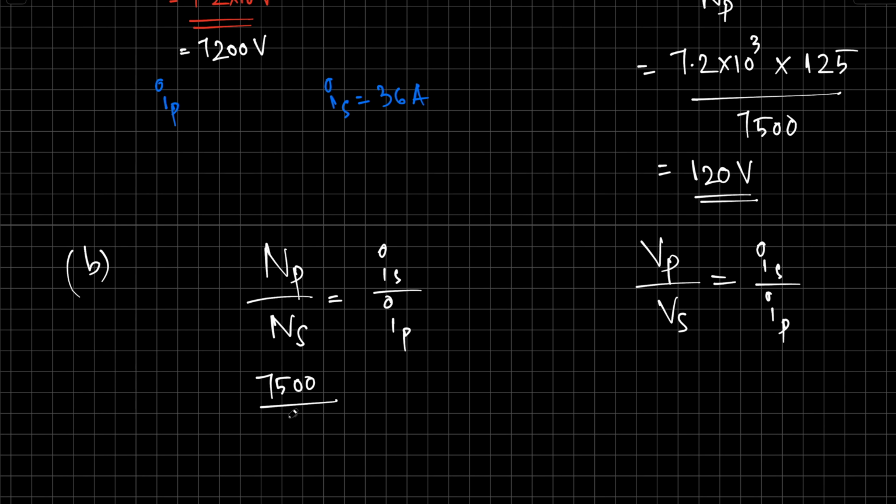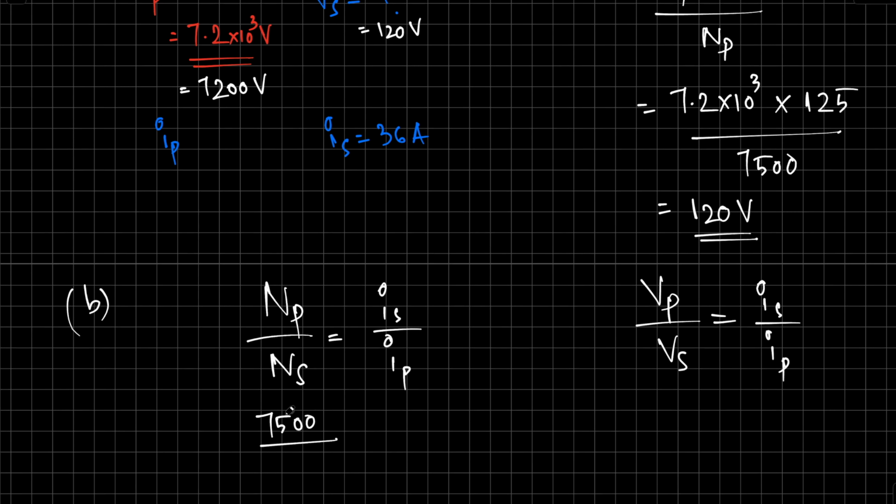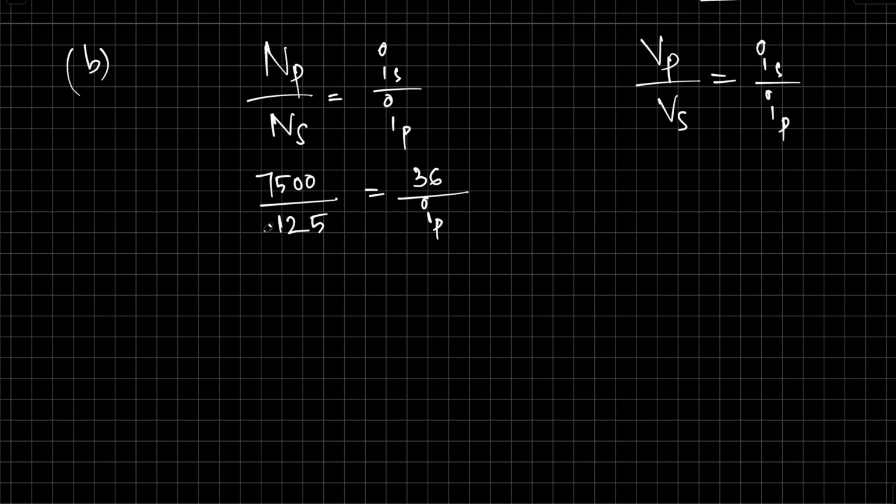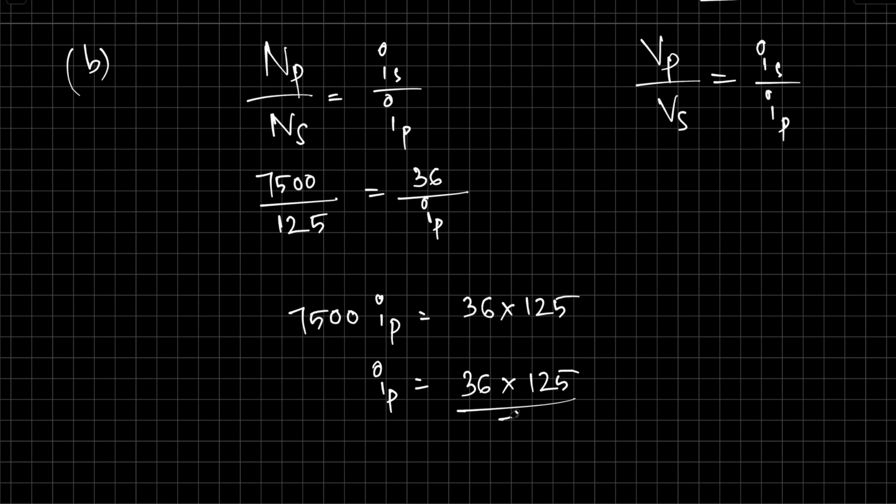Number of turns in the secondary is 125. Current in the secondary is given 36 ohms. Current in the primary is unknown. Cross multiply, 7,500 IP equals 36 times 125. So IP equals 36 times 125 over 7,500.